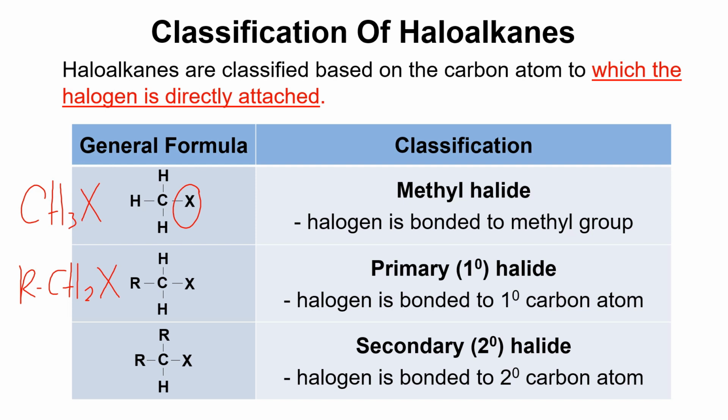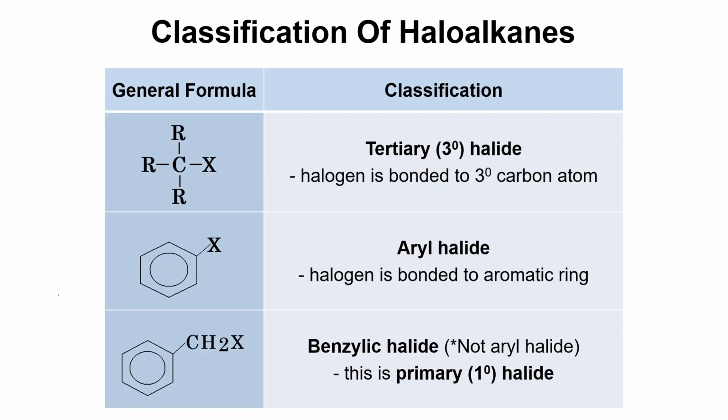The third general formula is R2CHX. It is classified as secondary halide where the halogen is bonded to a secondary carbon atom. The fourth general formula is R3CX.